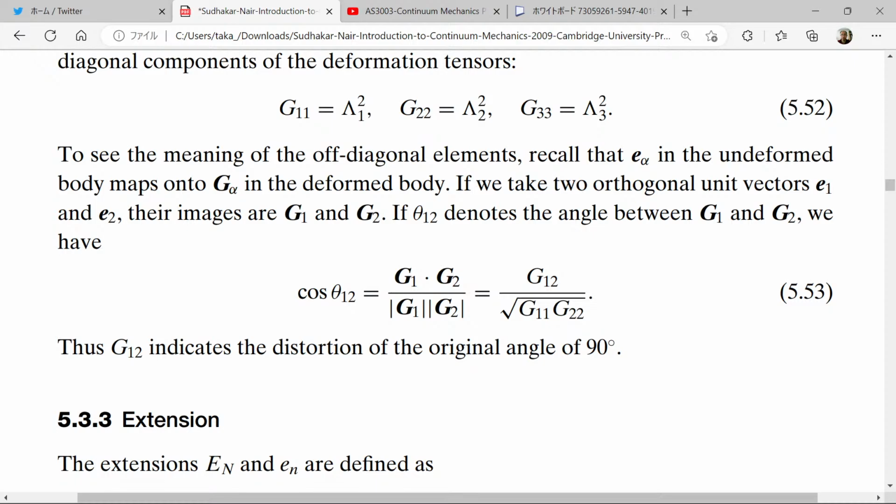If we take two orthogonal unit vectors E1 and E2, their images are G1 and G2. If theta 1, 2 denotes the angle between G1 and G2, we have cosine theta 1, 2 is G1 dot G2 divided by absolute value of G1 times G2.